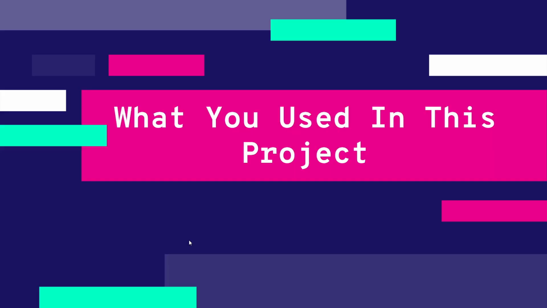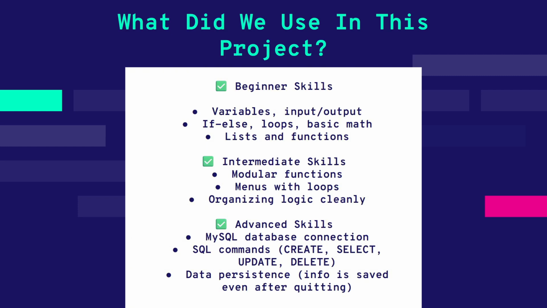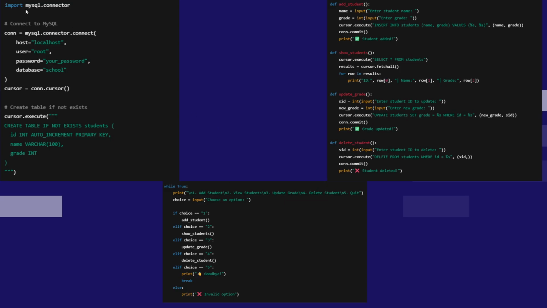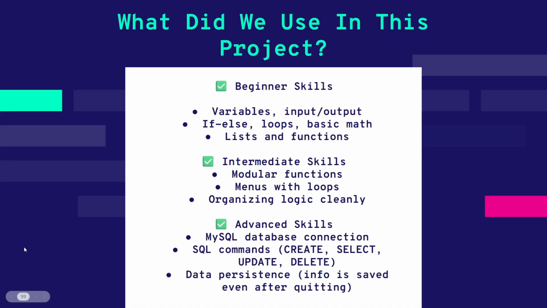Now, what you've used inside this project, beginner skills: variables, input, output, if else, functions, loops, basic math, lists, and functions. Now, what you use in intermediate skills: module functions, right here, import MySQL.